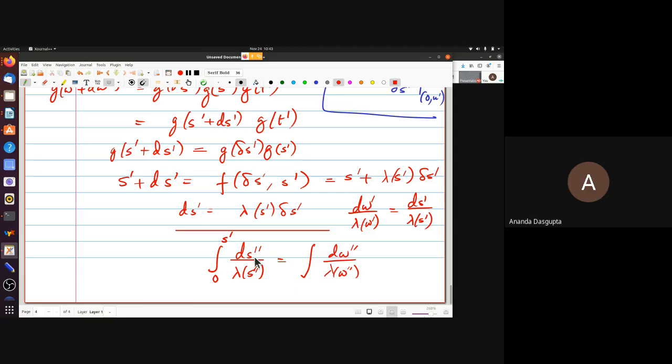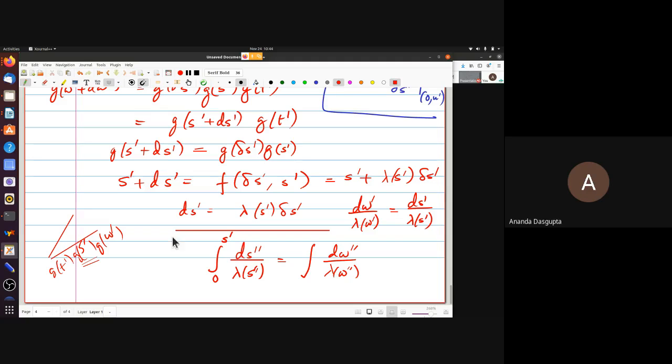But when S prime was 0, what was W prime? Remember, this is the scenario. GT prime, hitting with S prime, you are going to W prime. So when S prime was 0, here what we are doing is we are allowing S prime to vary, keeping T prime fixed. When S prime was 0, how much was W prime?